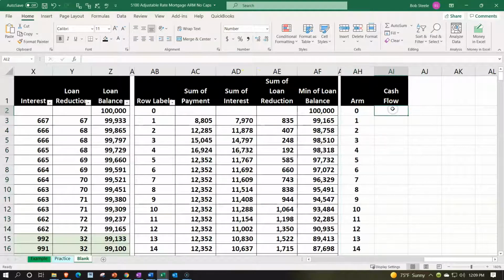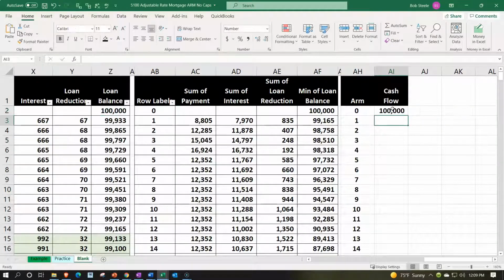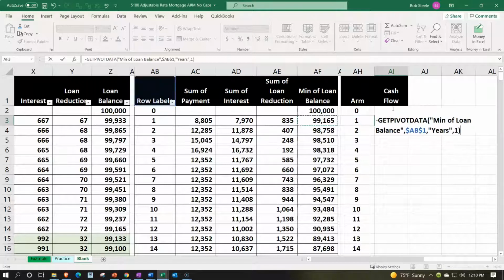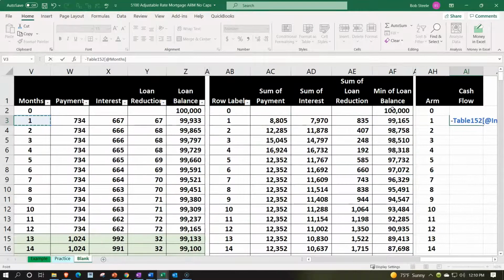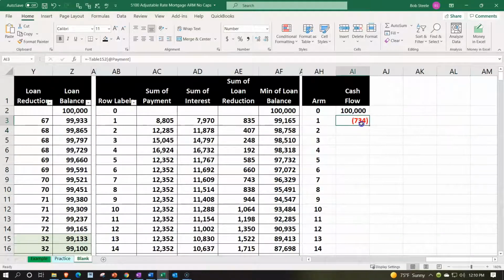Then we're going to have our cash flow, which starts off as an inflow, which is the 100,000. That's what we can imagine we got from the loan, which we then used to buy the home. And then we're paying the cash flows. Outflows are going to be the negative of the cash outflow of the 734. Copying that all the way down, double clicking on the fill handle.